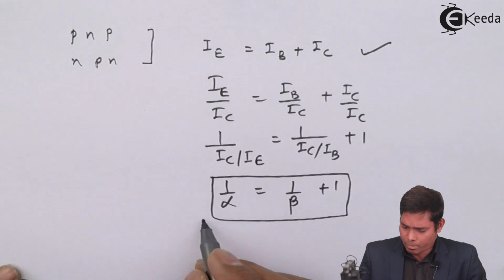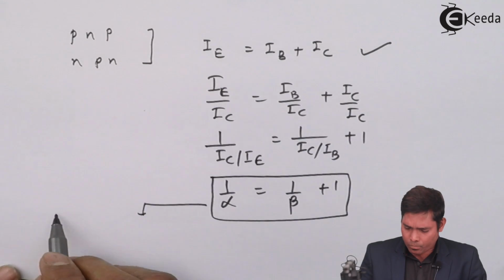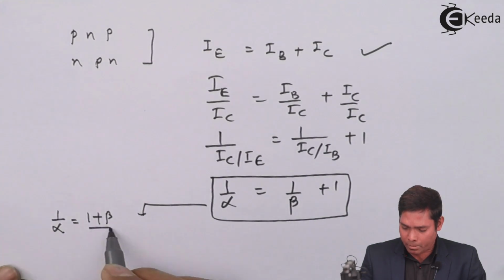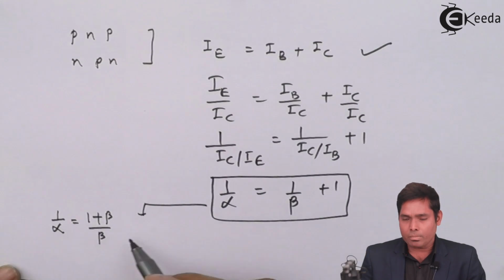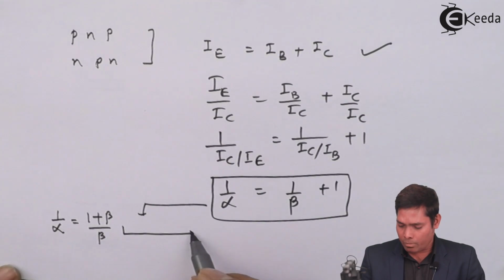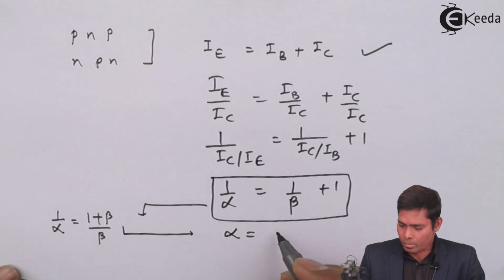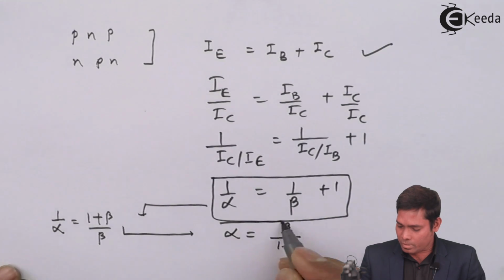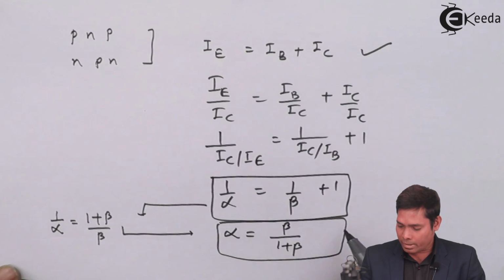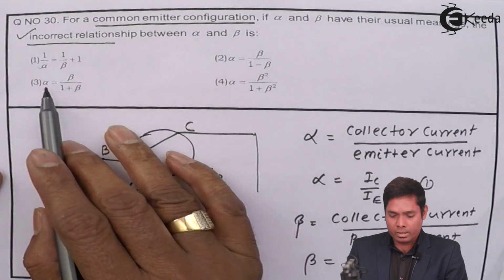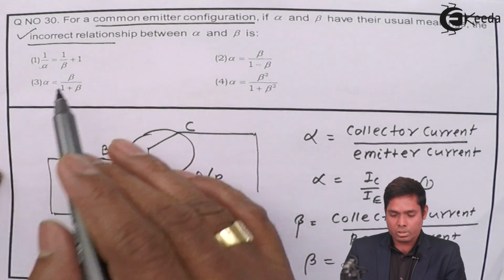From here I get 1 upon alpha is 1 plus beta divided by beta. Taking the LCM, I have one more relation, that is alpha equals beta divided by 1 plus beta. This relation is also correct.